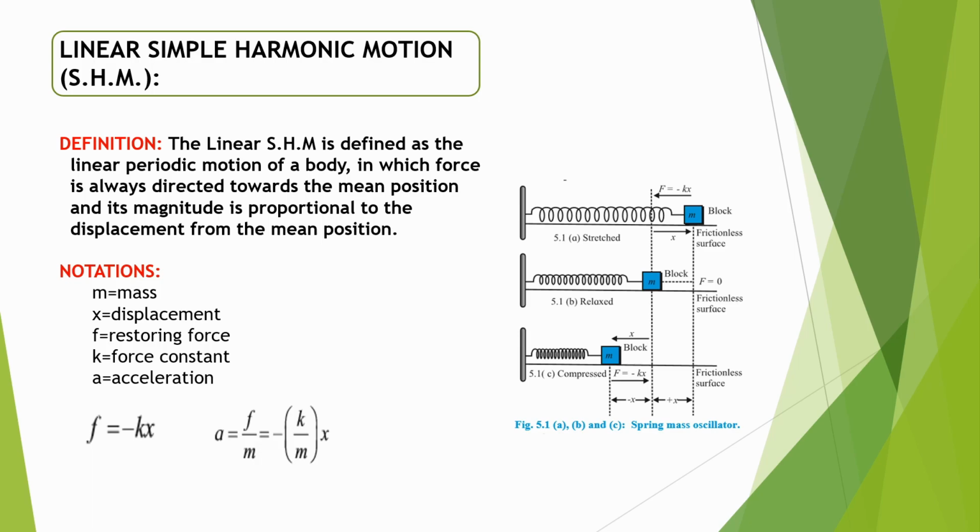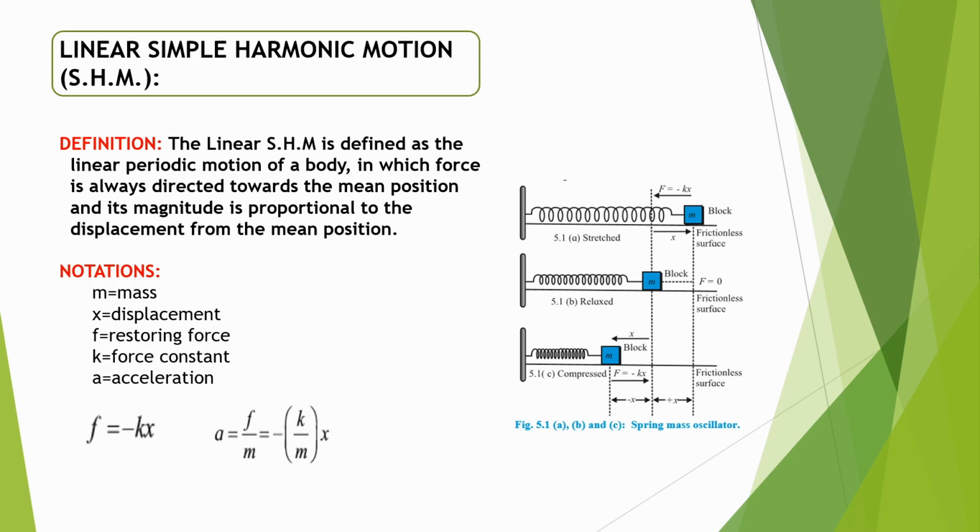As shown in figure A, when the block is moving towards the left, it reaches its mean or equilibrium position. At that time the values of displacement, force and acceleration decrease, and its velocity increases.